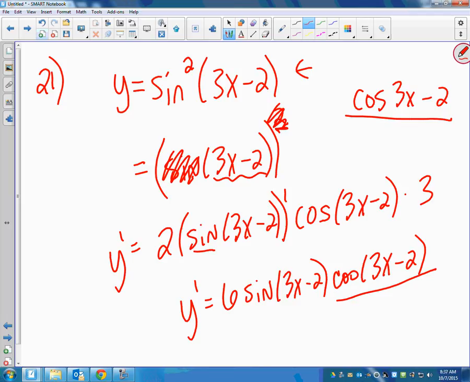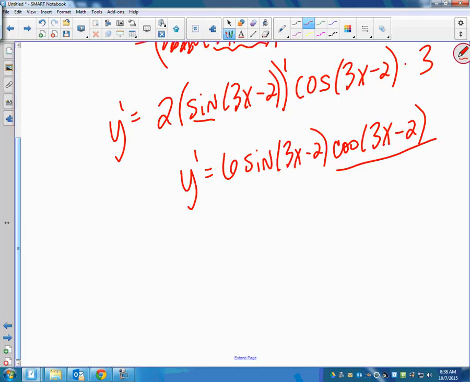Oh, they are using a trig identity, I bet, right? So this is where calculus likes to remind you. Remember all those trig formulas you learned? Something like this? Isn't that an identity?